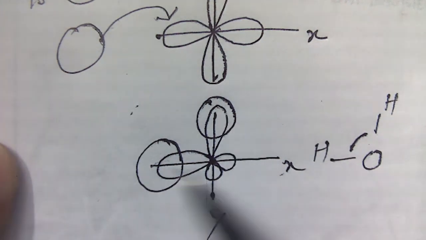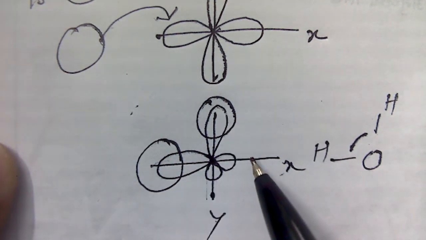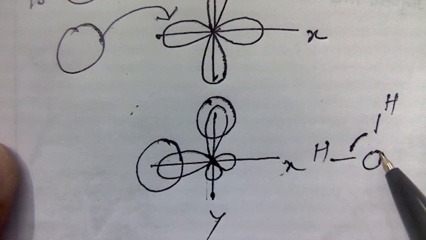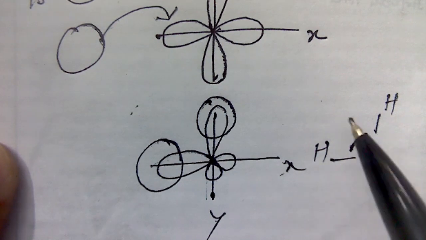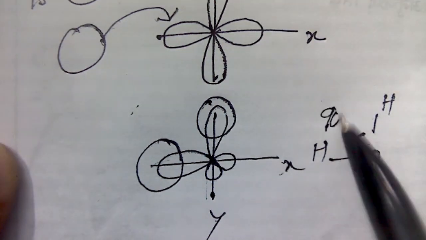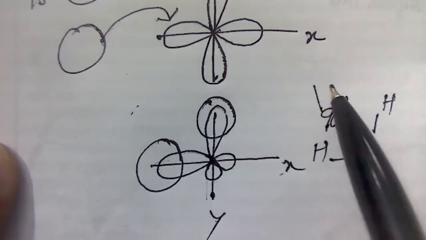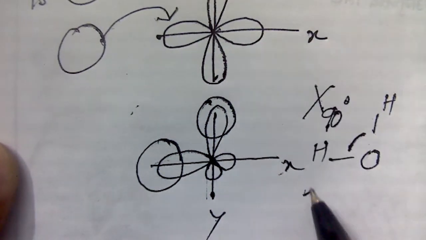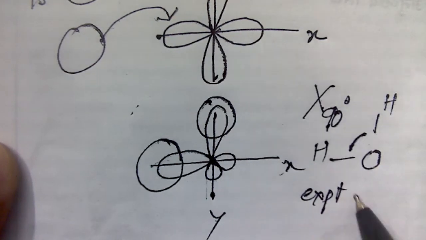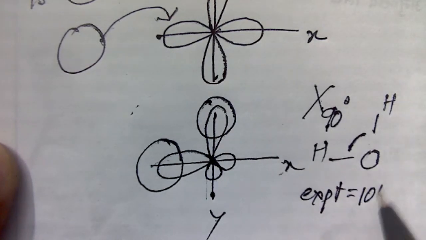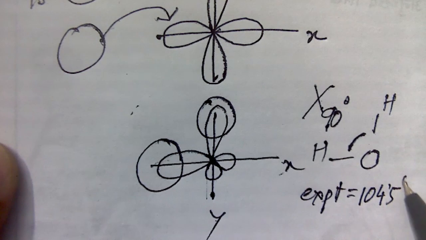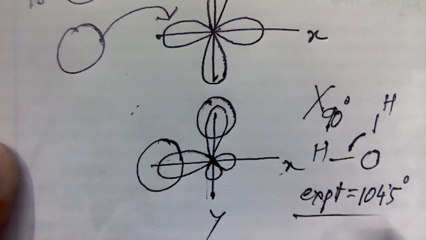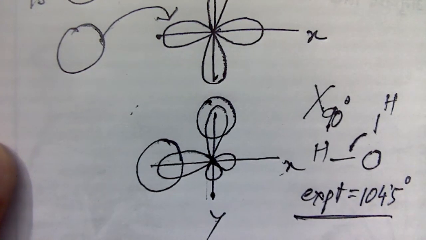What is the angle between them? They are perpendicular to each other. So according to this theory, it should be 90, but this 90 is wrong. Experimentally, it is found to be 104.5 degrees.